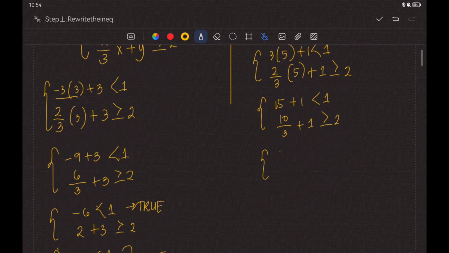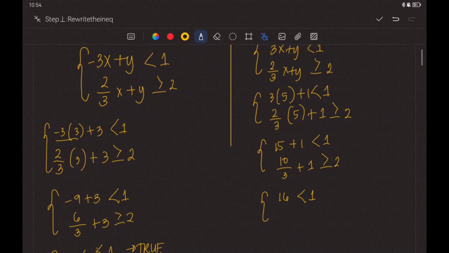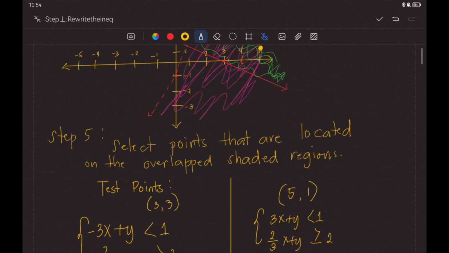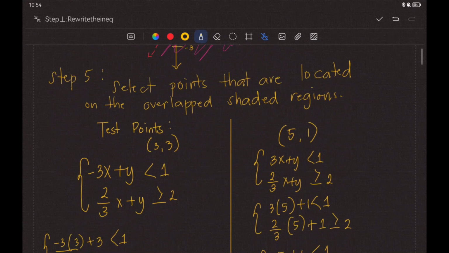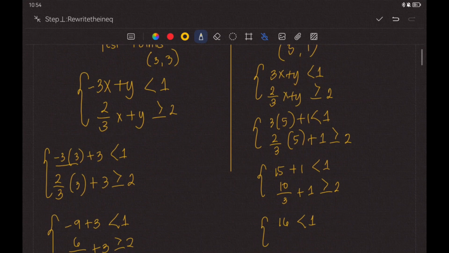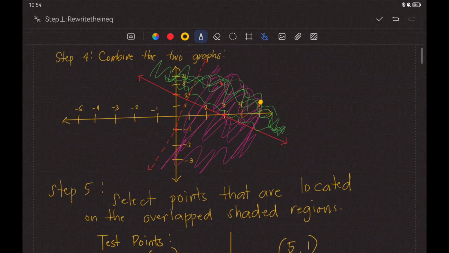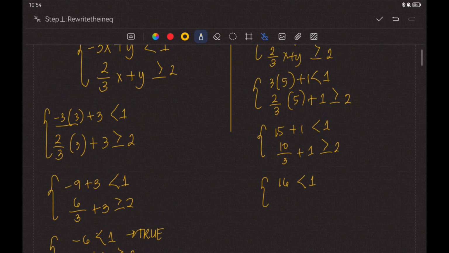So this will become 16 less than 1. What happened? Our x is 5. Our y is 1. This is false.